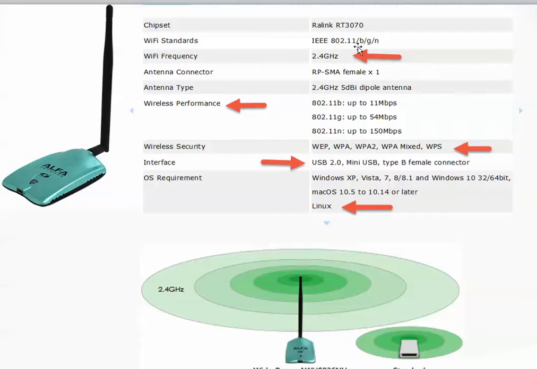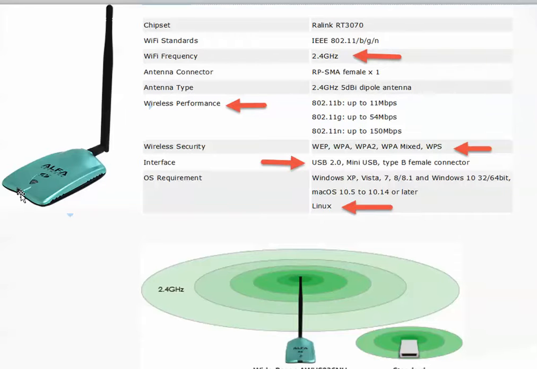It's a Wi-Fi standard of B/G/N. B means you'll be downloading or uploading at 11 megabits per second, G is 54 megabits per second, and N is 150 megabits per second. With this ARF card, we can attack WPA2, WPA mixed, which means you could have WPA2 and WPA, and then WPS.